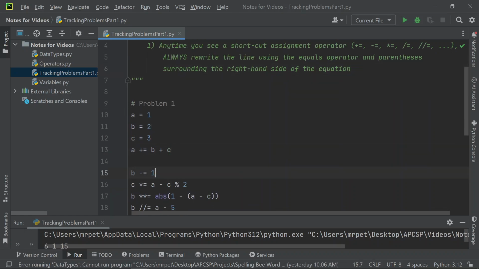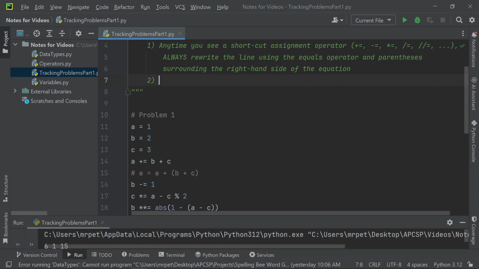So when we reach this line here, we just want to rewrite this as a comment: A is equal to A plus B plus C, because this is exactly what this line is doing. So we want to do that.